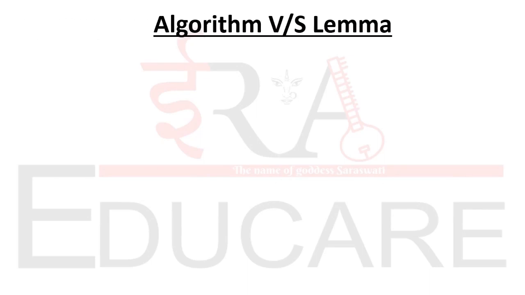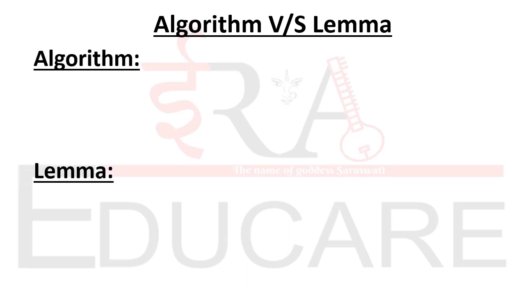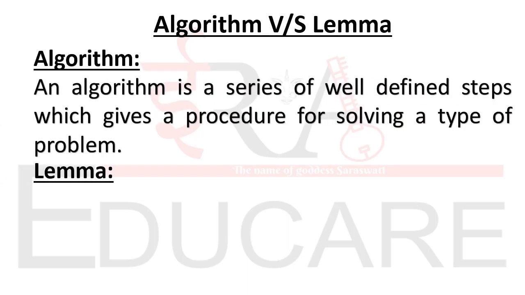So here there are two more words, algorithm and lemma. What are algorithm and lemma? I discuss algorithm because in the next slides you are going to learn about the Euclid algorithm. So what is the difference between algorithm and lemma? An algorithm is a series of well-defined steps which give a procedure for solving a type of problem.